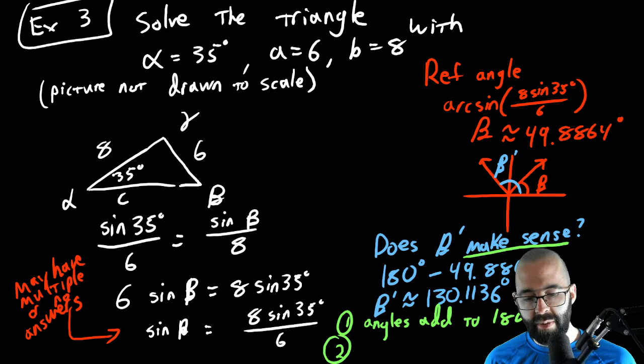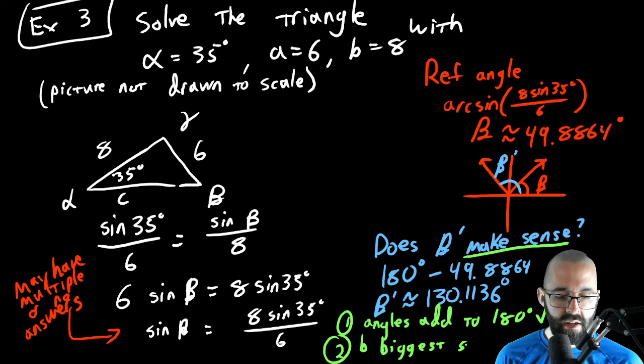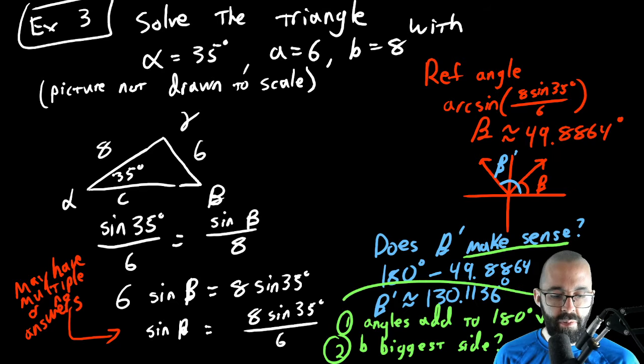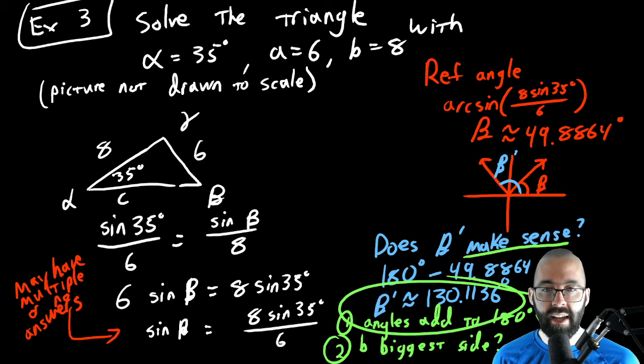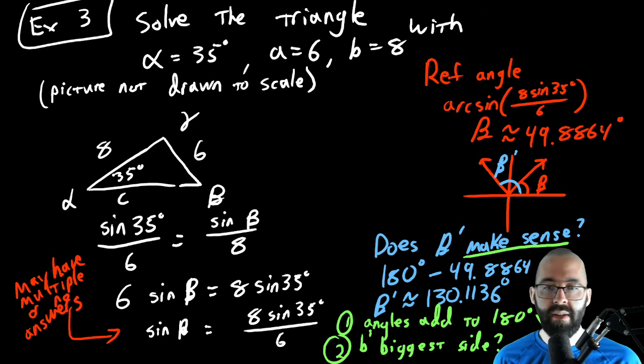What's the other requirement? The other requirement is side ratios. All right? Is B the biggest side? Because beta is the biggest angle. Beta prime is the biggest angle. So is B prime the biggest side? Include that prime there.